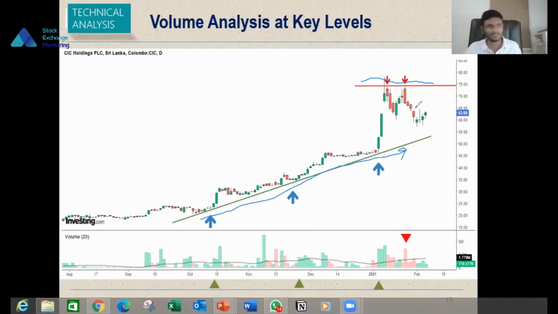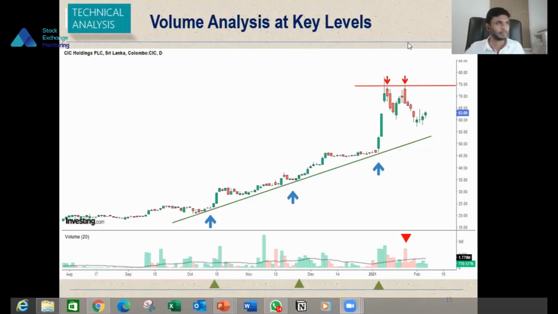I know chart analysis might be very boring, but believe me, before going for technical indicators, if you can improve your skills in analyzing the naked chart to identify trend, support and resistance levels, that will really add value to your trading decisions.